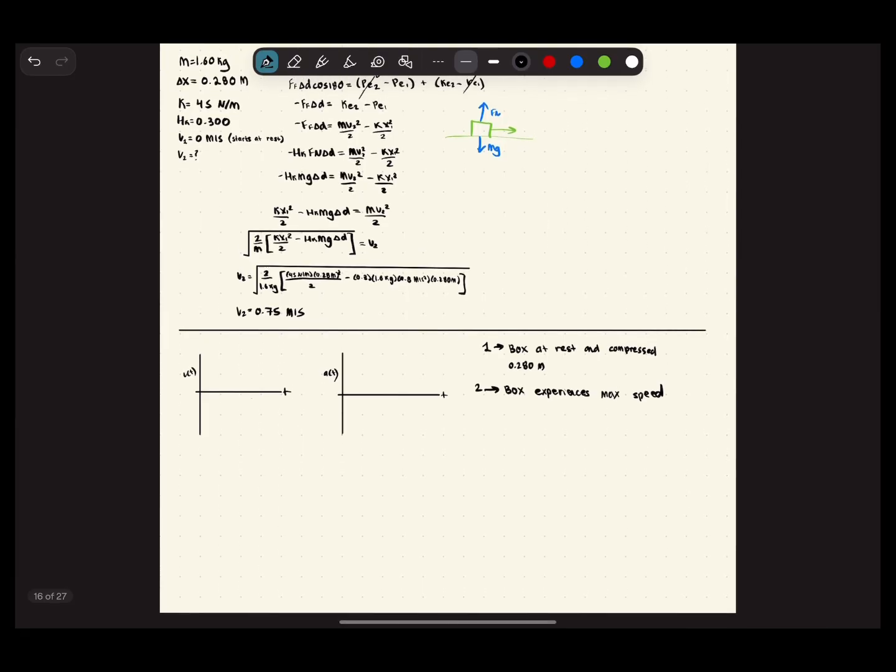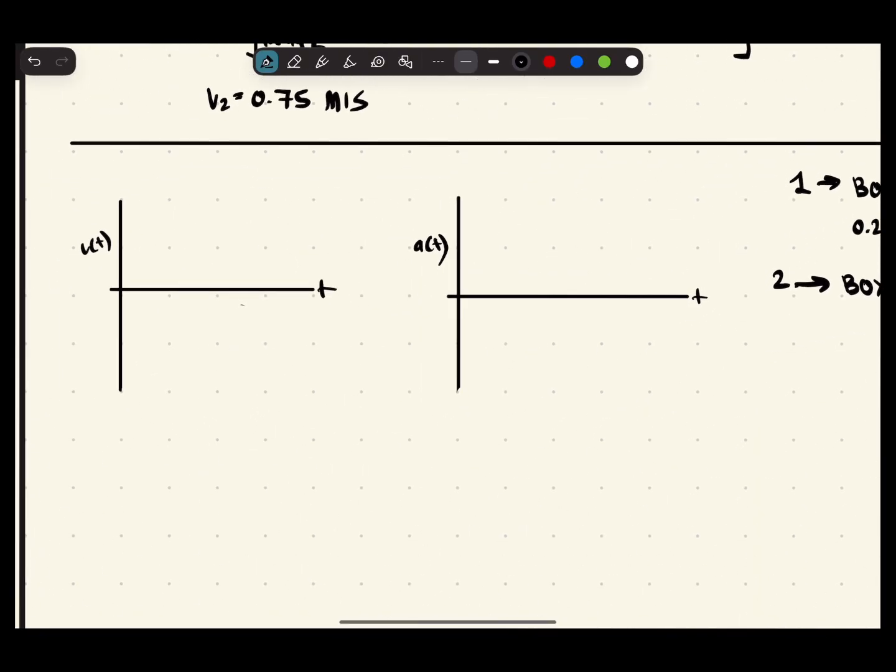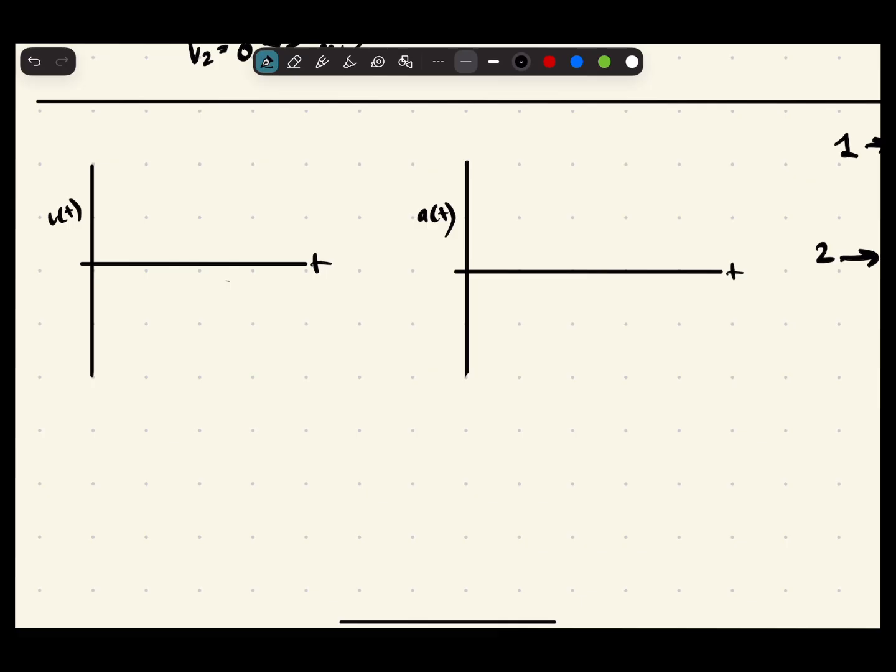Okay, so a few things you need to recall for this question. The first one is that the derivative of velocity equals acceleration. Now, the second thing you need to remember, I will explain using a hypothetical graph of velocity.